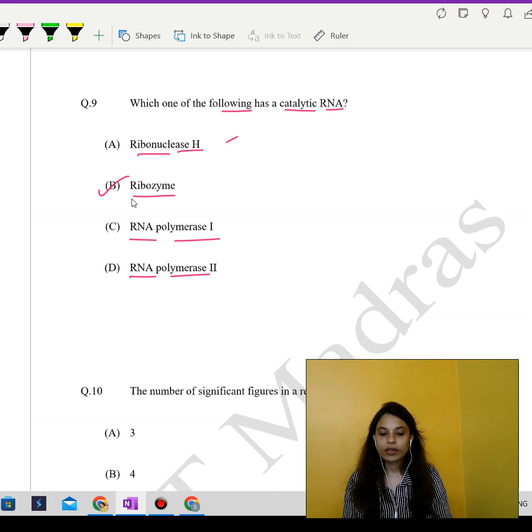Second, let's talk about our correct answer, that is ribozyme. This is a specific type of RNA molecule that has catalytic activity, meaning it can accelerate chemical reactions like protein synthesis.